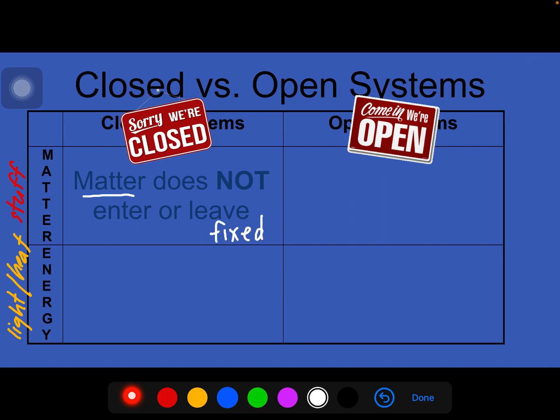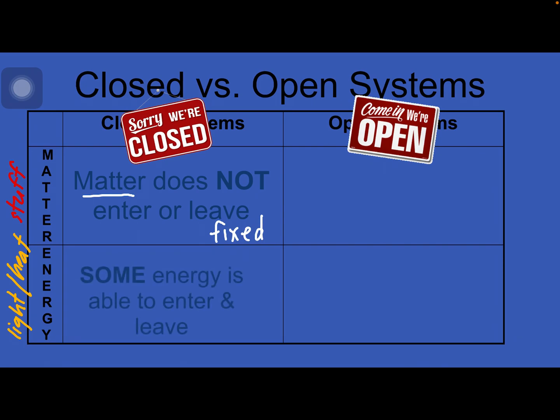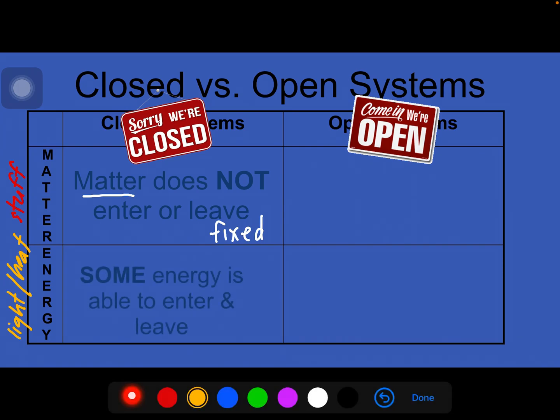Our energy, then, within this closed system, we do see that some is able to be transferred in and out. So again, thinking about the gas station, even though it's closed and locked, there's still some light energy that can escape through the glass windows, or still some heat energy being emitted from the heating system of the building, right?